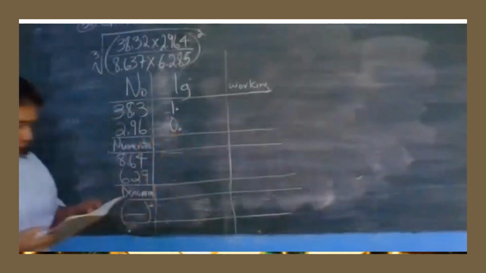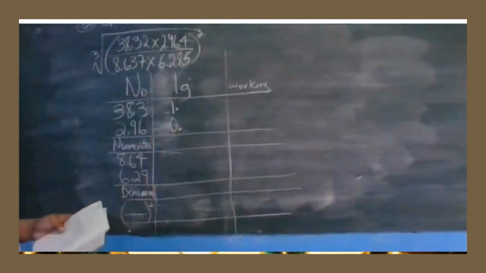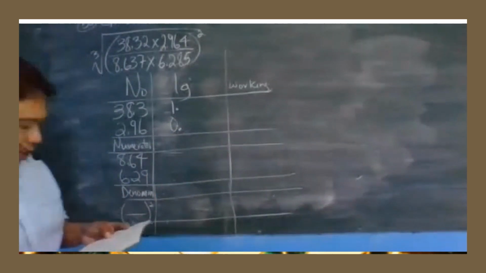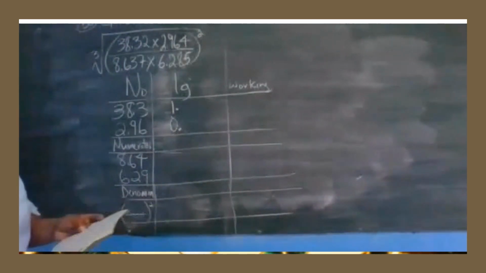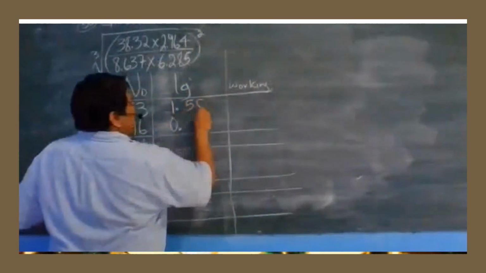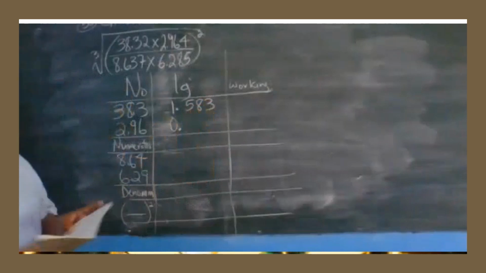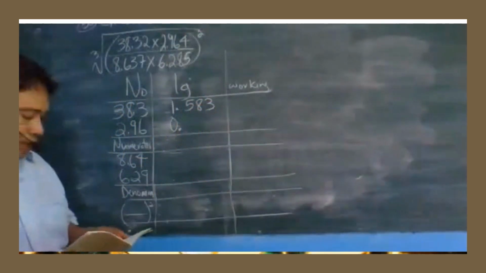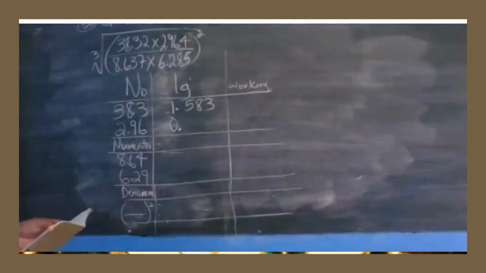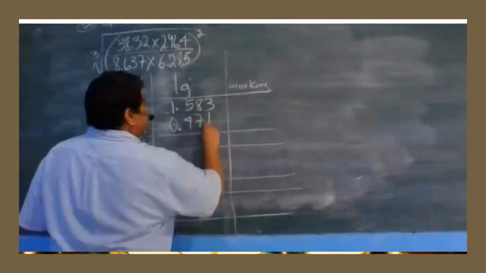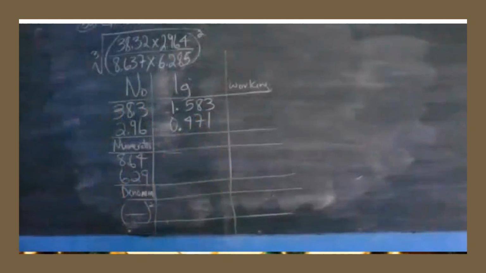And in my three-figure, 3.8 on the primary column, 3 in the primary row, meeting together at 583. Then 2.9 in the primary column, 6 in the primary row is 471. And we'll do the same here.